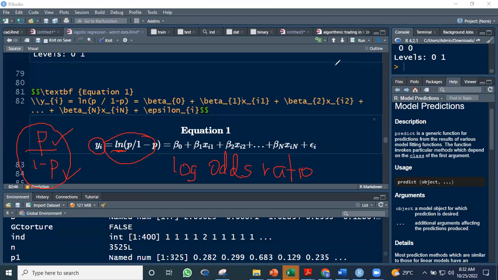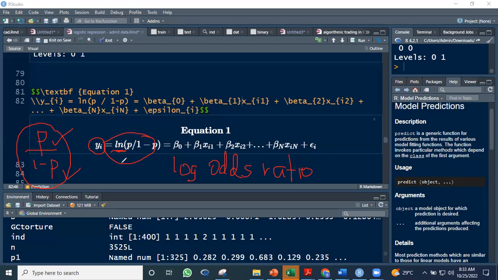In ordinary least squares, suppose admit is a continuous variable, not binary. Then Y admit is equal to our model, straightforward. But in logistic regression, what is generated is Y equal to the log odds ratio.